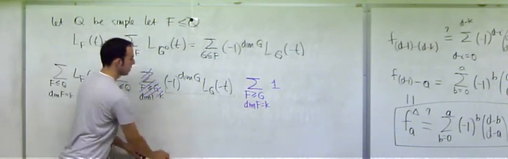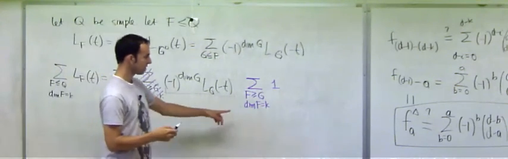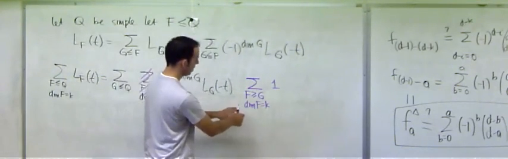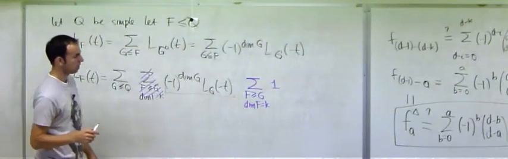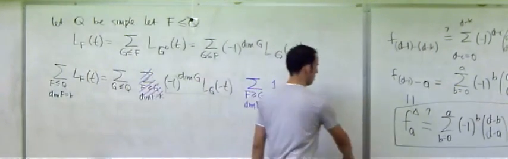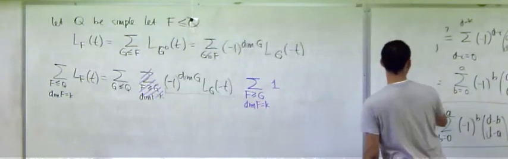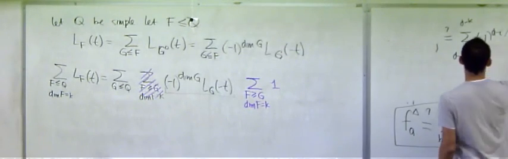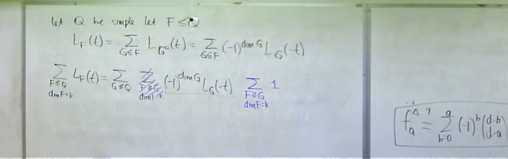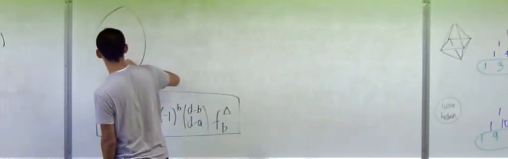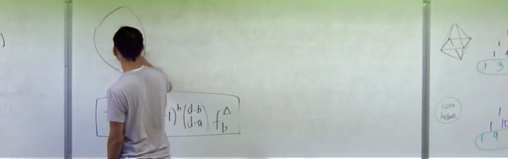But then the nice thing about this is the following. I can compute this purple number very easily. And why is that? Because if we look at the lattice of faces, here's the lattice of faces. G is somewhere.